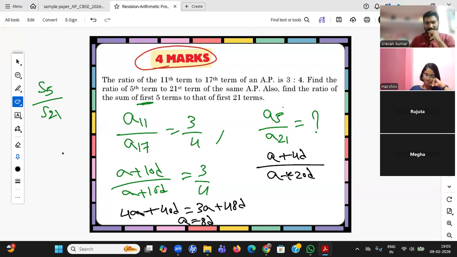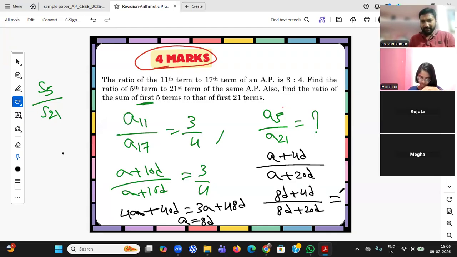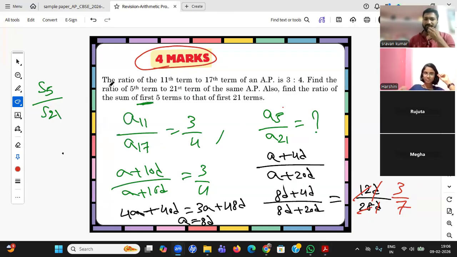In place of A, you keep 8D. 8D plus 4D by 8D plus 20D is 12D by 28D. D gets cancelled. 4 3s are 12, 4 7s are 28. 3 by 7 is your answer.